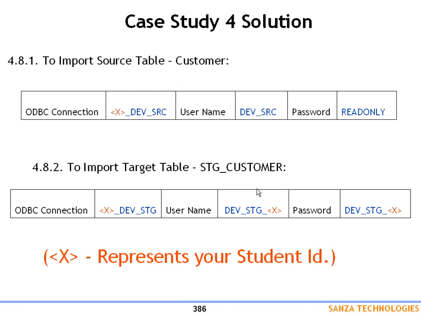Total 6 mappings are there. We have written 4. Another 2 are there, that's all.